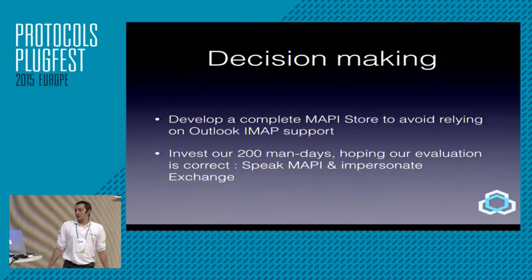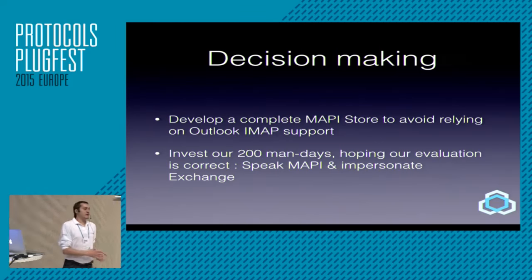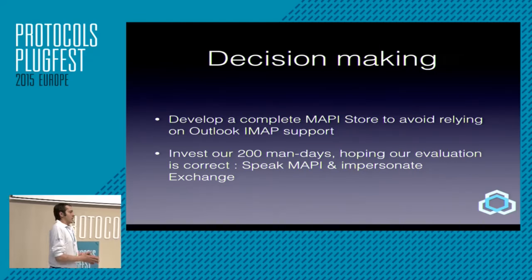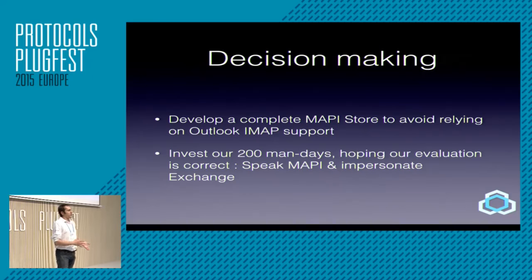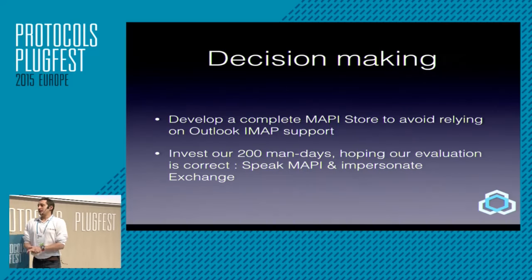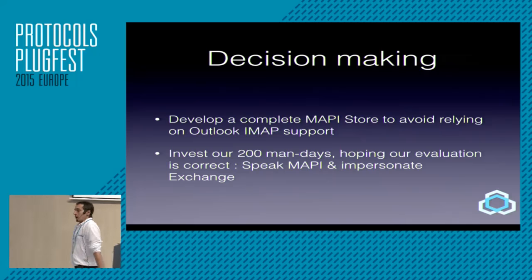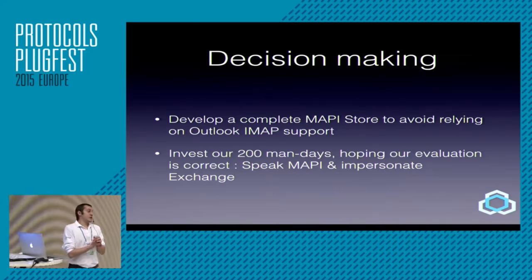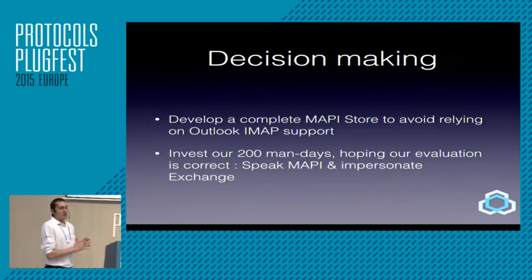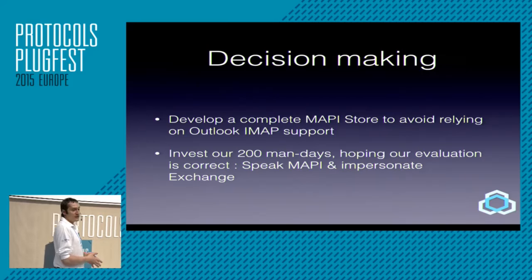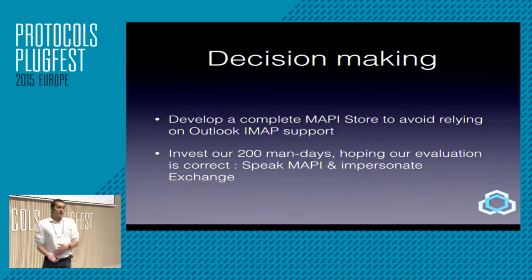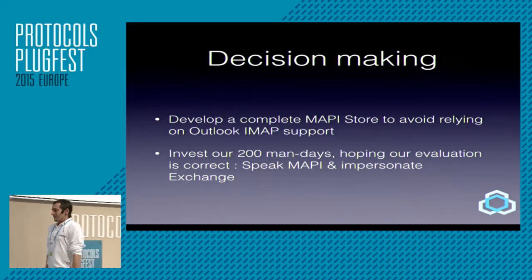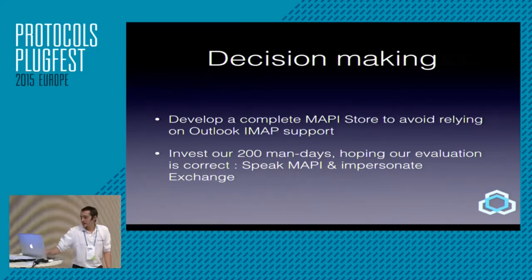So we had to take a decision. We could either develop a Mapi store, which is client-side development for Outlook, so we could avoid using the IMAP protocol. Well, this is pretty problematic for us because it is C++ development on the Windows platform, and most of our engineers are Java server developers, so a different kind of skills.